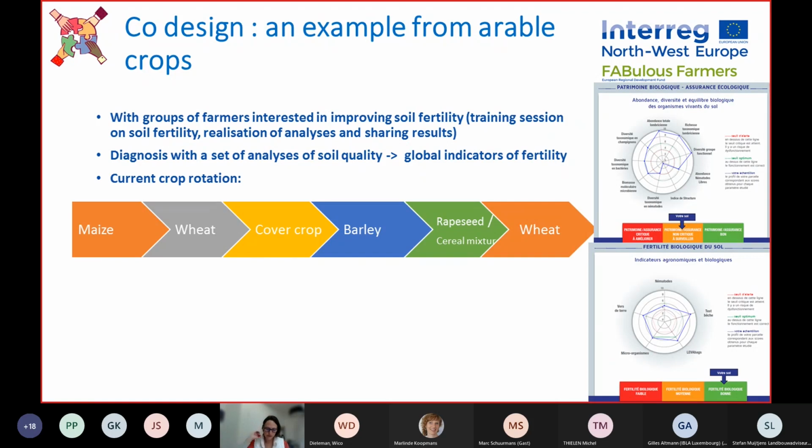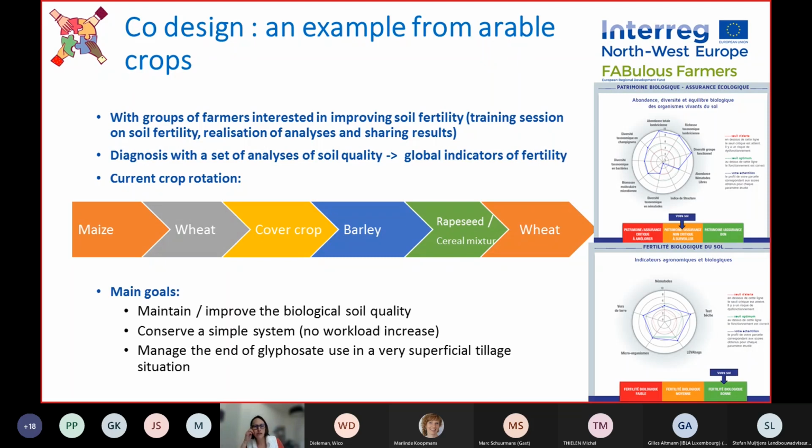Here is the example of one farmer from a group who accepted to play the game with his own results and system, so that the group can build a new cropping system to answer these questions. So his current rotation was this one, and the main goals that have been defined are to maintain or improve the biological soil quality.